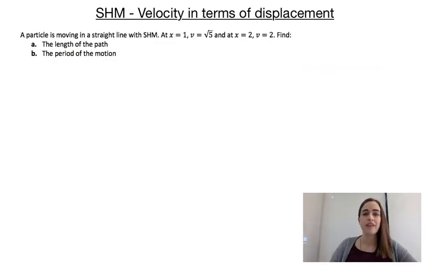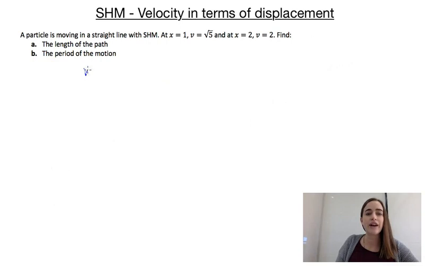Right, so the one example we're going to go through says a particle is moving in a straight line with simple harmonic motion. We know two things. We know that when the displacement is 1, the velocity is root 5. And we know that when the displacement is 2, the velocity is 2. We're asked to find the length of the path that that particle traces out and the period of the motion. So we're going to use what we just figured out.